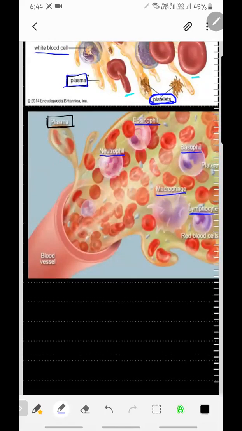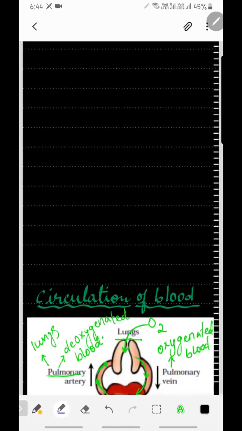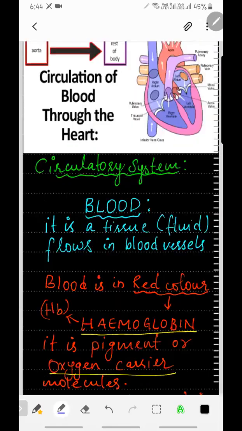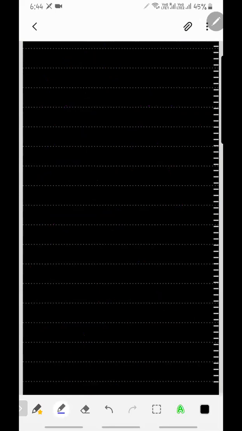Yeah. So for COVID-19, see, in plasma, what happens? Suppose one person is getting infected. Let us say one person got infected by coronavirus. Okay.